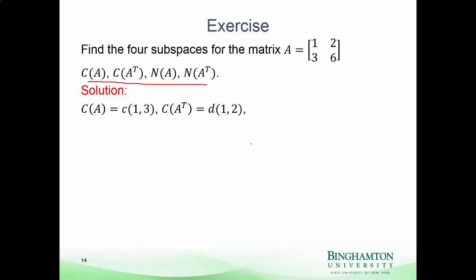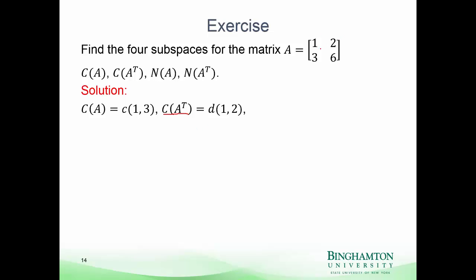So the column space, well, remember we said this column and this column are dependent, so we can just pick this as our basis. And so it's going to be any constant C times that vector. Now what about the column space of transpose? Well, again, we know that the rank of this is 1, so the dimension of this space will be 1, and there should only be one vector that spans it.